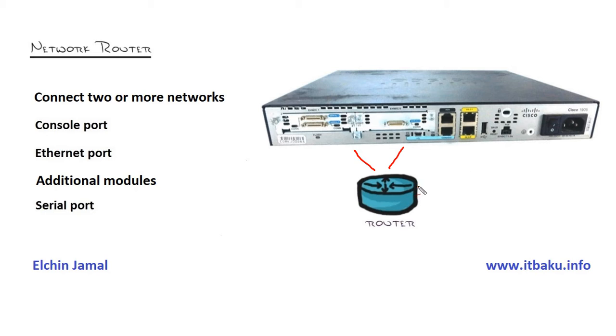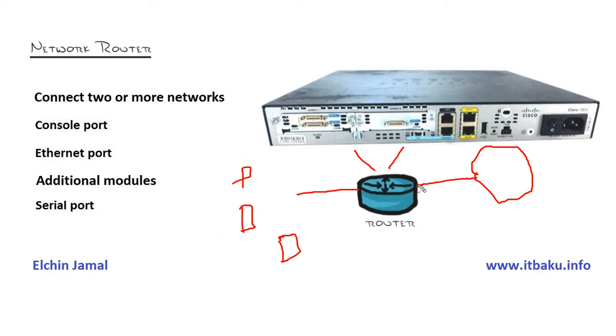One interface is connected to the ISP, to the provider, to the internet, okay, and the second interface is connected to our home network. Here are our devices connected to the home network, right? So this home router has two interfaces, and on each of these interfaces we have separate networks for sure.